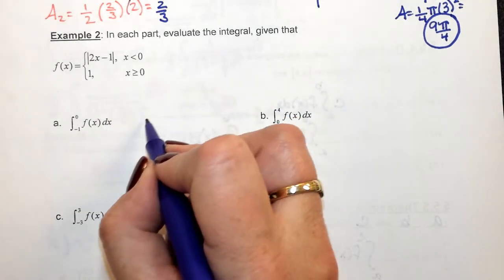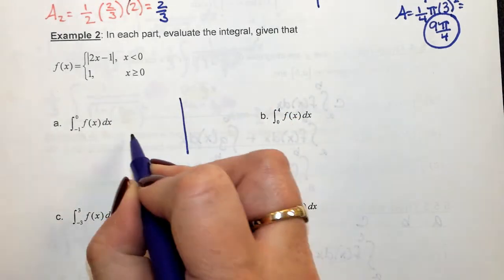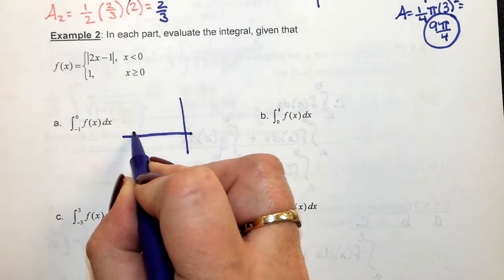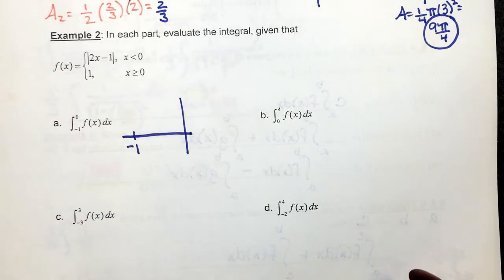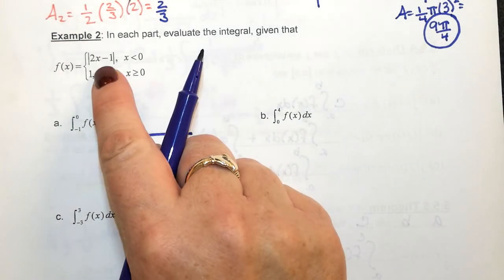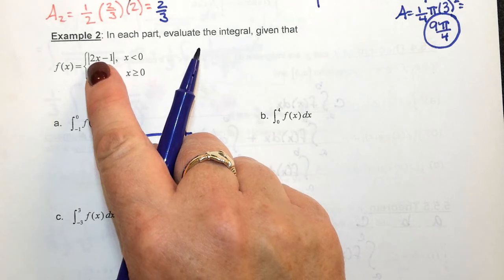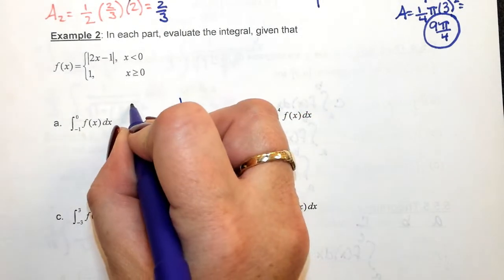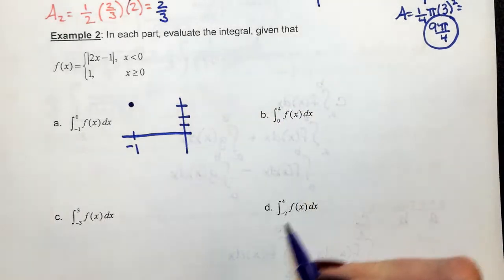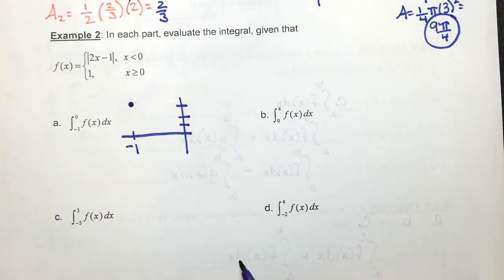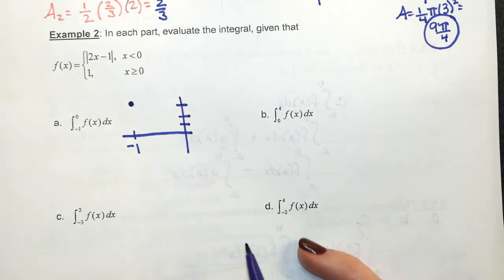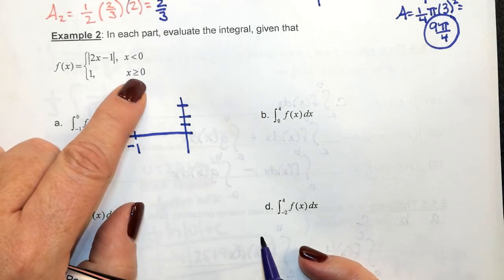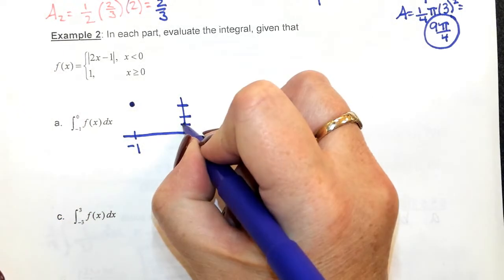So again, if I look at this particular graph from -1 to 0, if I plug -1 in for x, well, -1 times 2 is -2 minus 1 is -3, which is 3 when I take the absolute value. And again, at x equals 0, the y value is 1.